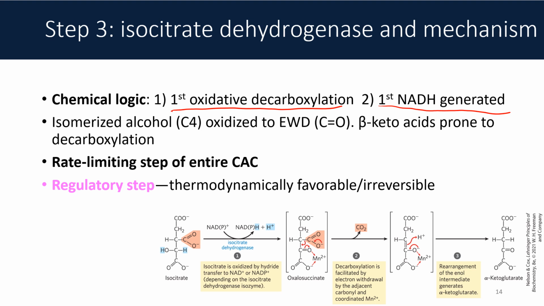So remember how in aconitase, the previous enzyme, we were relocating that hydroxyl group from C3, which used to be there, and we moved it to there in the C4 position? Well, what we effectively did was convert our tertiary alcohol into a secondary alcohol. Now, that was important because now we can oxidize it.